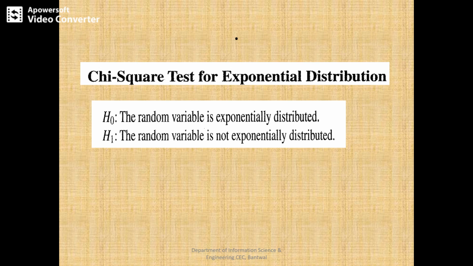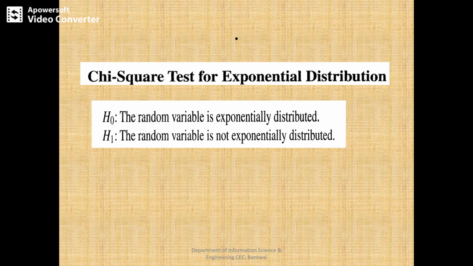Now the chi-square test for the exponential distribution. Here we take the example of the failure of an electronic device component. A component failure of a device is a suitable example of a continuous, exponential distribution.